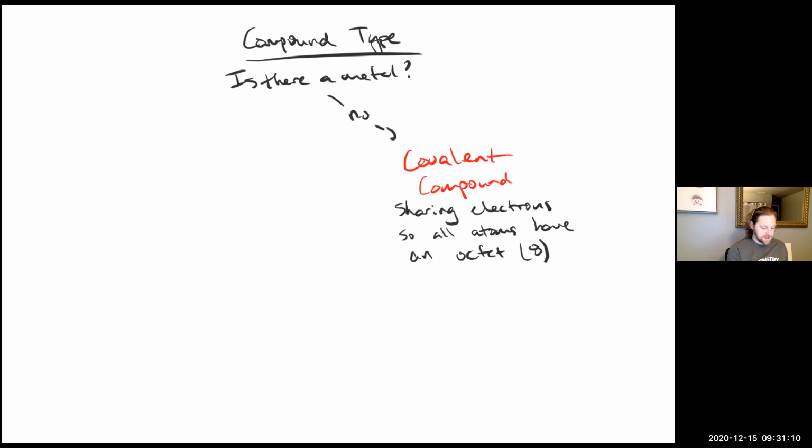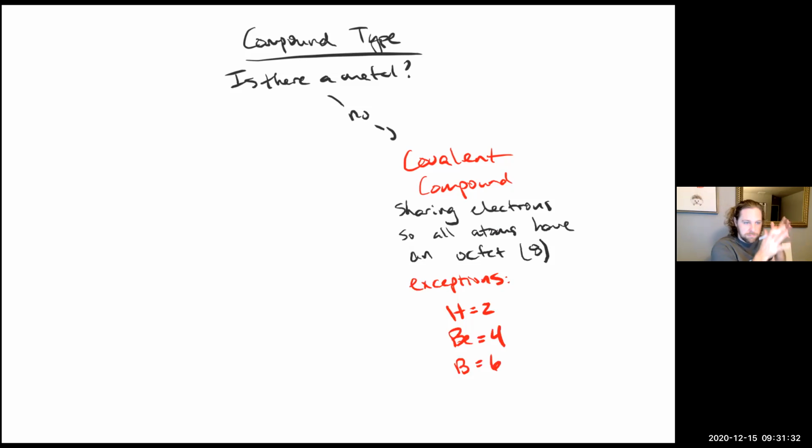And we had some exceptions that we wrote down last time, but I'll write the exceptions here. Hydrogen is okay with 2, beryllium is okay with just 4, and boron is okay with 6. But everything else we're working with right now is gonna max out at 8, and that's their goal.